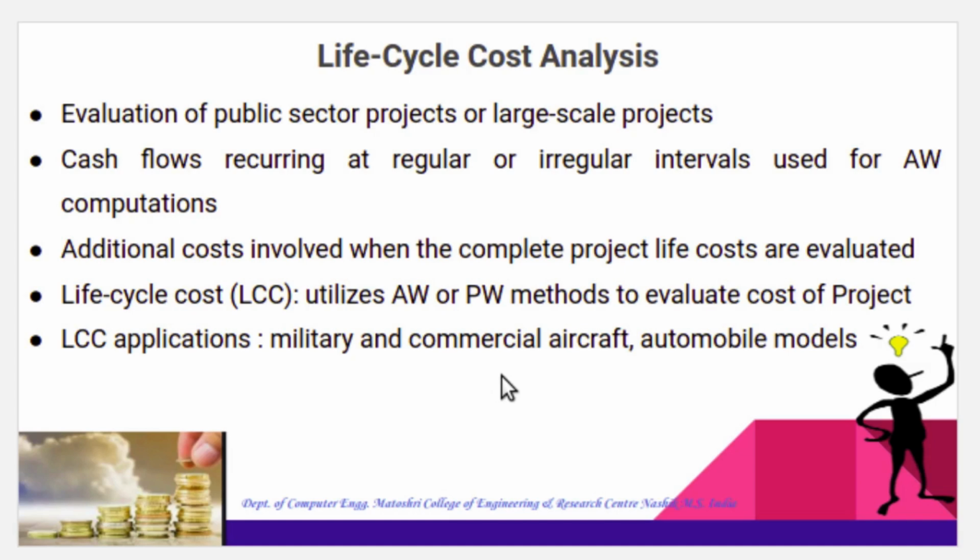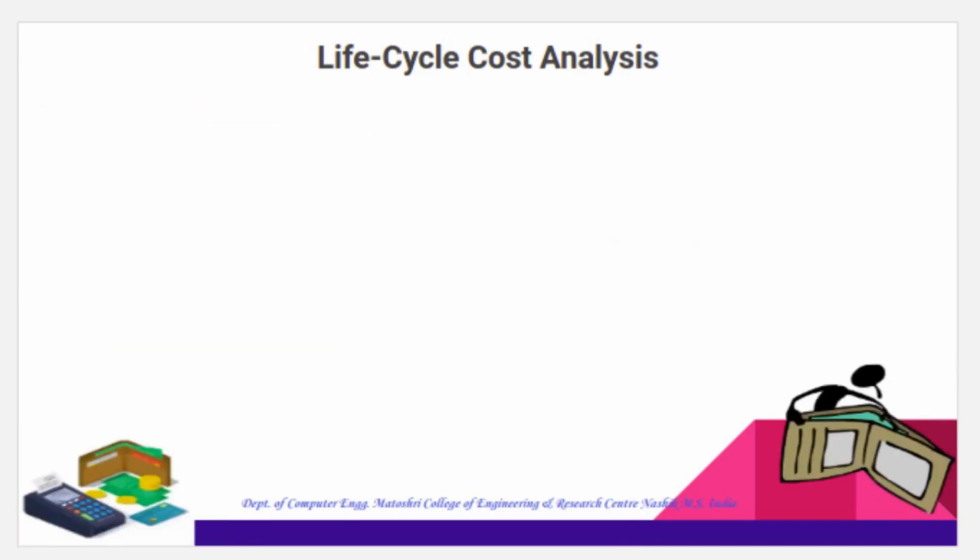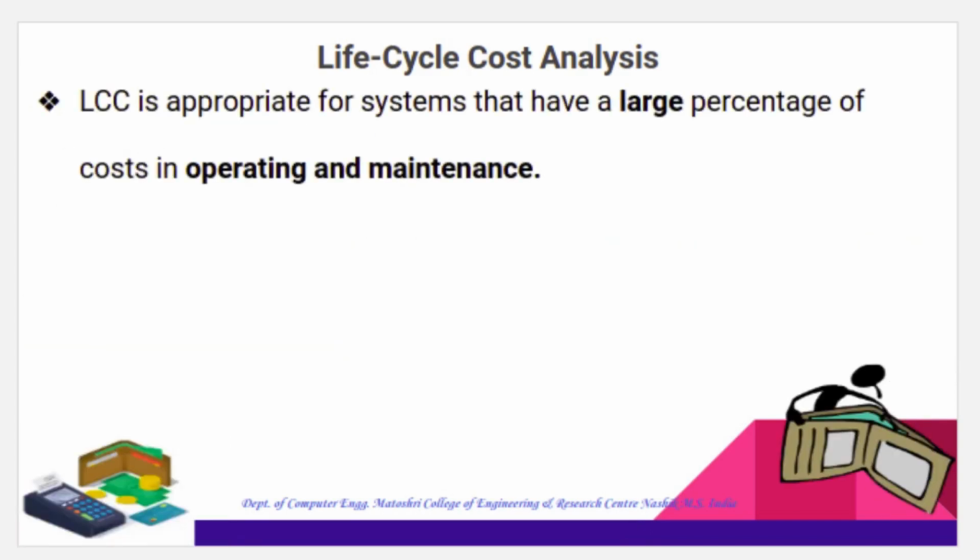Now we will proceed to learn something in detail about the life cycle cost analysis. So life cycle cost analysis is appropriate for a system that has a large percentage of cost in operating and maintenance.